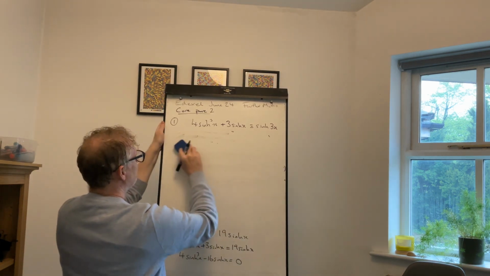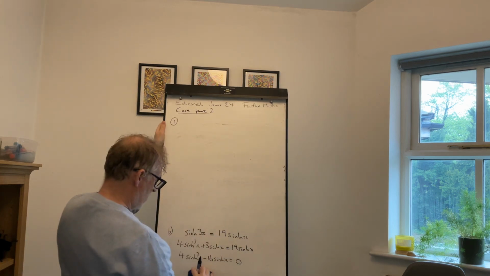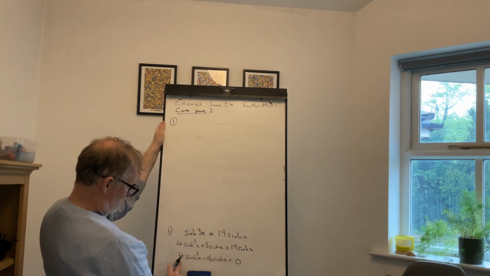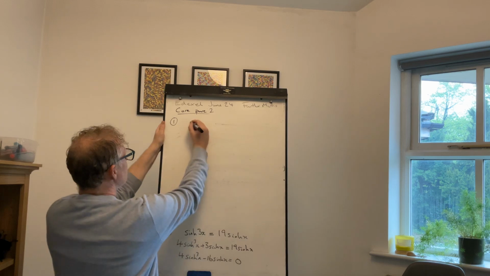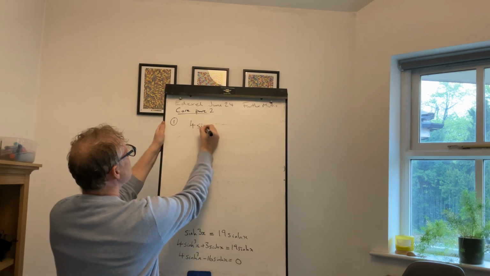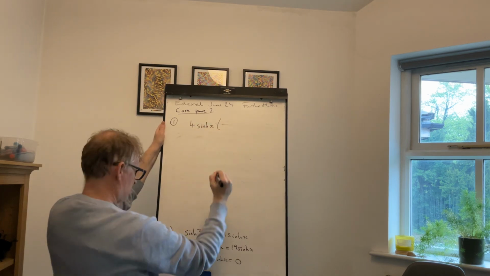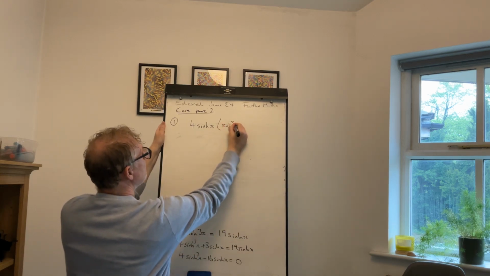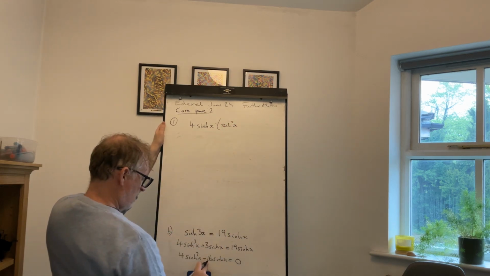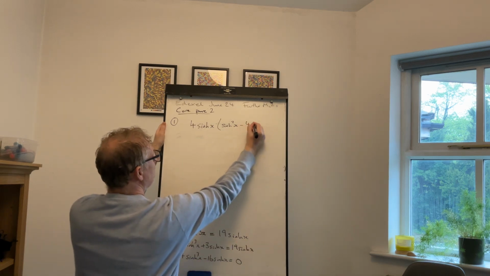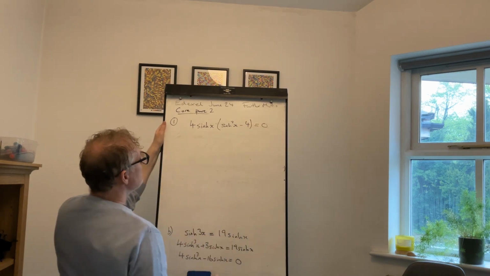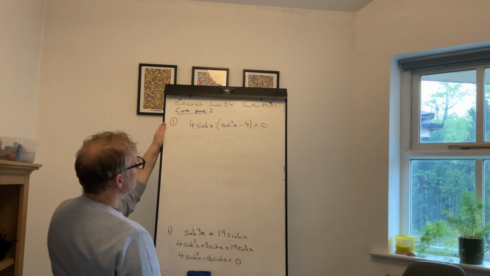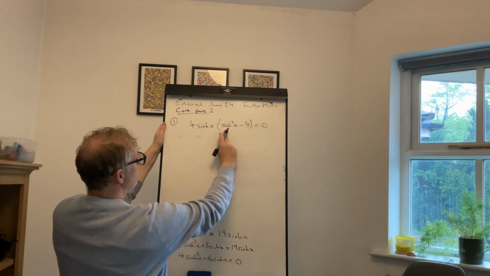So we're now going to factorise out 4 sine x. What's that leave us? Sine squared there. Oh, minus 4 there. Lovely. Well, that's nice. So, either that must be 0 or that must be 0.